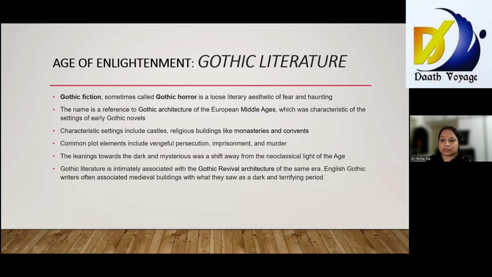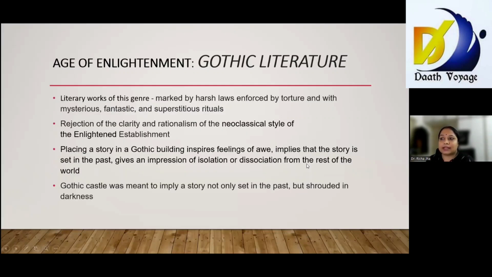It inspires awe, implies that the story is set in the past, gives an impression of isolation or dissociation from the rest of the world, and conveys religious associations as well. Setting this novel in a Gothic castle was meant to imply a story not only set in the past, but also shrouded in darkness.